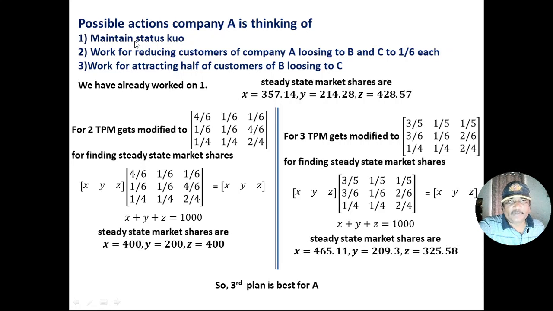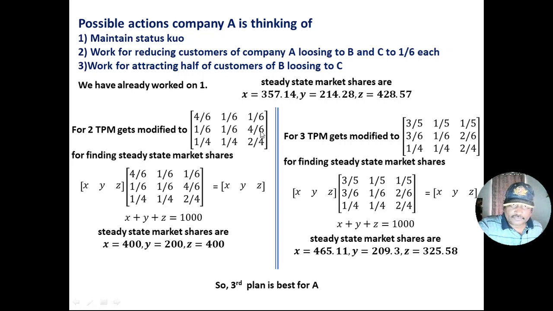The transition probability matrix was the same and therefore we found the steady state just by multiplying XYZ by the transition probability matrix and equating it to XYZ, and taking one more equation, X plus Y plus Z equal to 1000. Solving this got us these market shares: X equal to 357.14, Y equal to 214.28 and Z equal to 428.57.